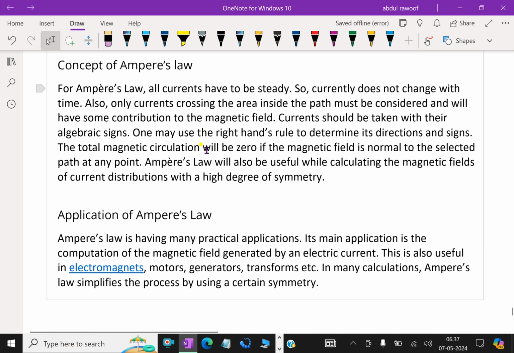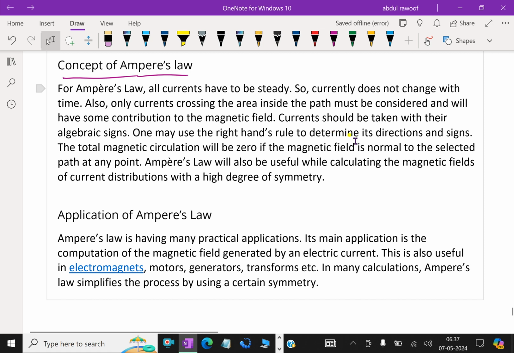Concept of Ampere's law: all currents have to be steady, so current does not change with time. Also, only current crossing the area inside the path must be considered and will contribute to the magnetic field.